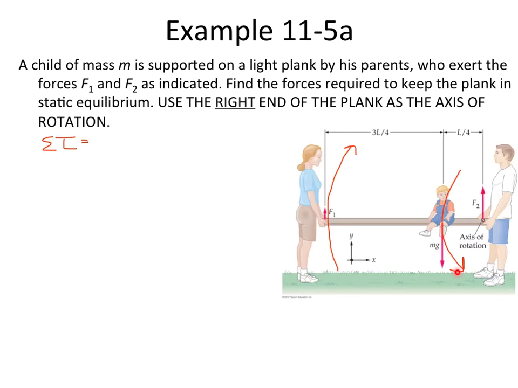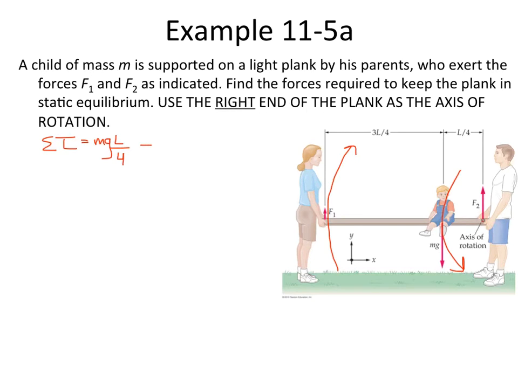All right. So what kind of force is the child applying? The child is applying mg, and at what distance? Well, it's at L divided by 4. Okay, that's the distance, so that's the radius that the child is applying his downward force from the axis of rotation.